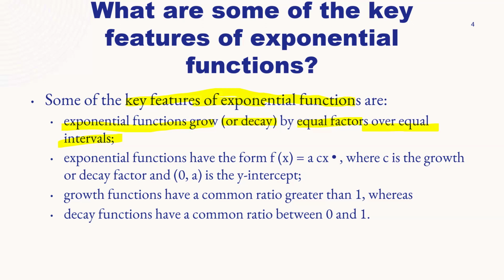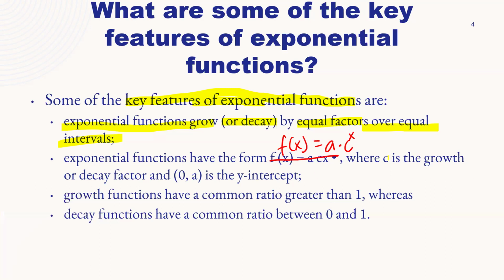All right, next, it says exponential functions have the form f of x equals. For some reason, this got jumbled, so we're going to write this in a better format. What's important is f of x equals a times c to the x. It's an exponential because your x is the power, right?